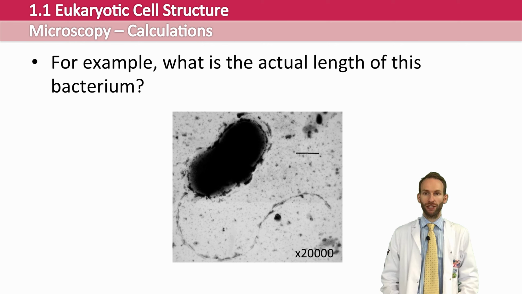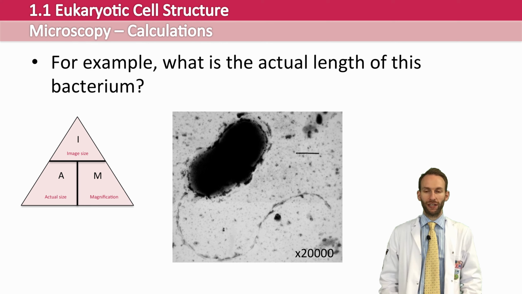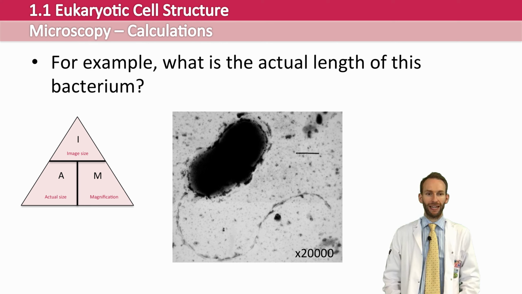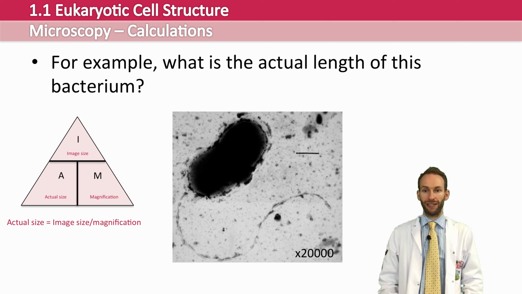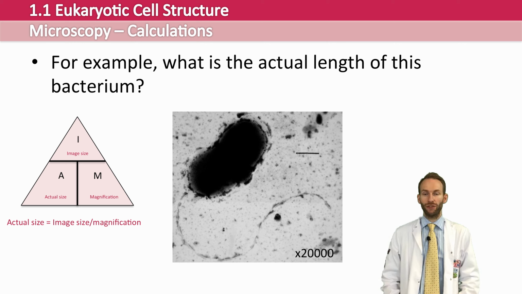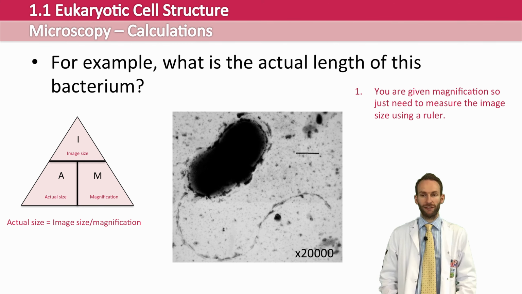So if we use our triangle to work out the formula, we're going to use actual length equals image size over magnification. Now you're told the magnification, so all we need to do is work out the image size, and all you have to do to get that is to get a ruler and measure the size of the image.